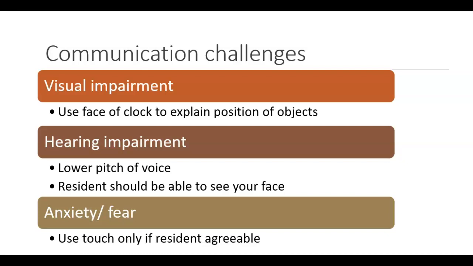Communication challenges. Visual impairment: if they are visually impaired, you would use the face of the clock to explain positions of objects. For example, if they're eating, you could say your mashed potatoes are at 3 o'clock. Hearing impairment: use a lower pitched voice, and residents should be able to see your face. If they are anxious, use touch only if the resident is agreeable.